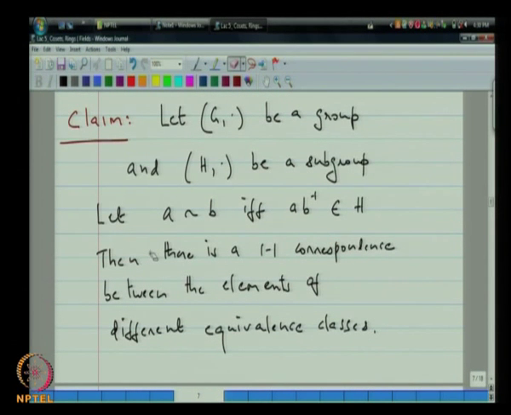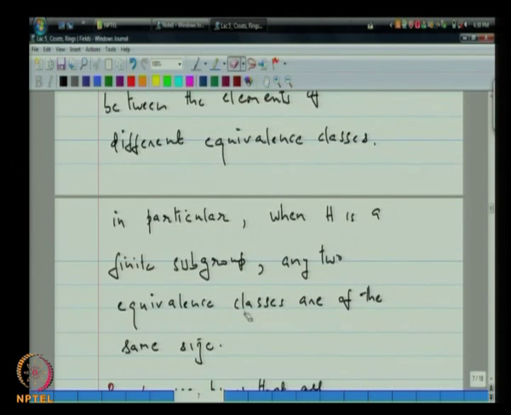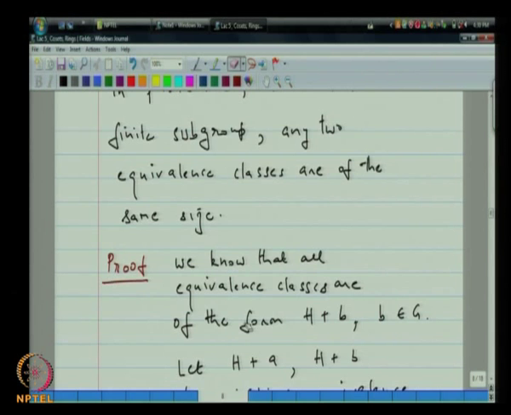Further on we actually showed that for the equivalence classes, there is a one-to-one correspondence between elements of different equivalence classes.